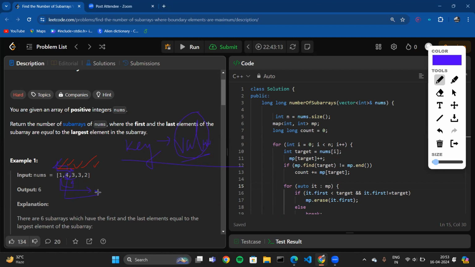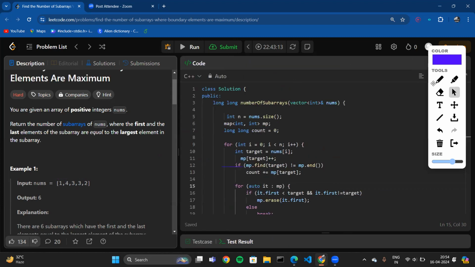Just a second, let me dry run the approach. Let us see the code and dry run it to understand what I am saying.